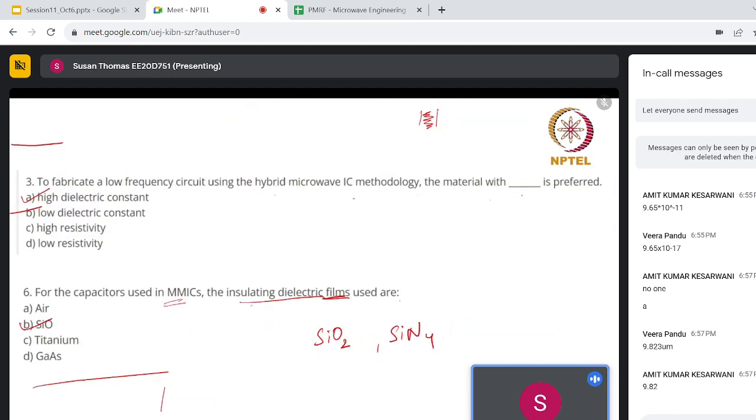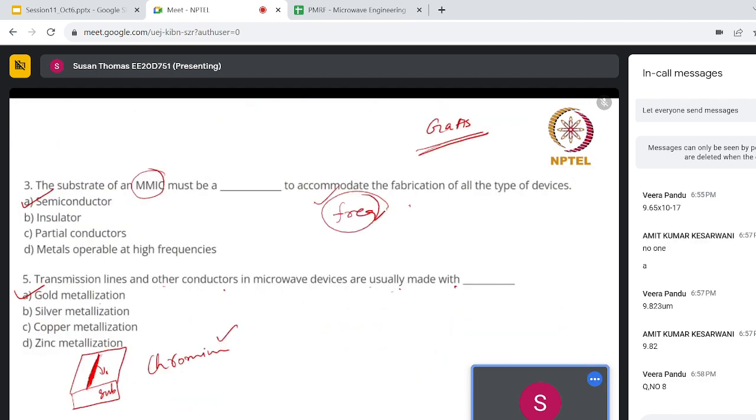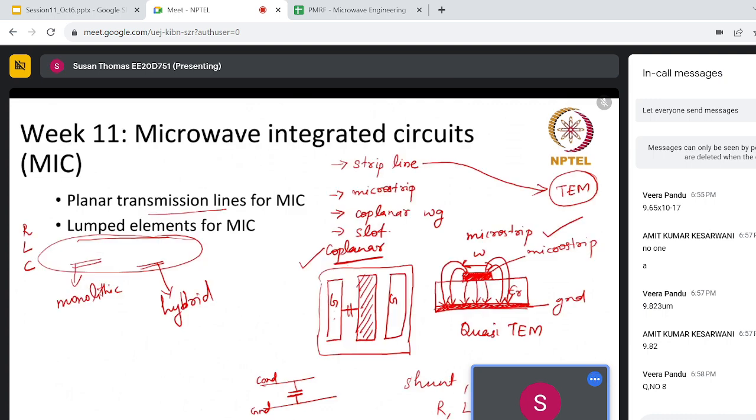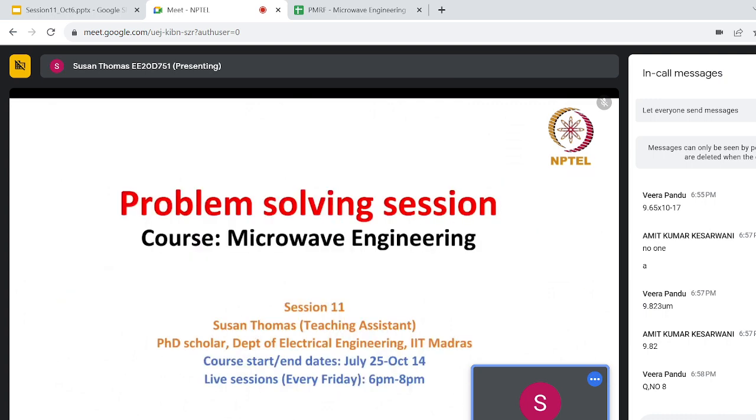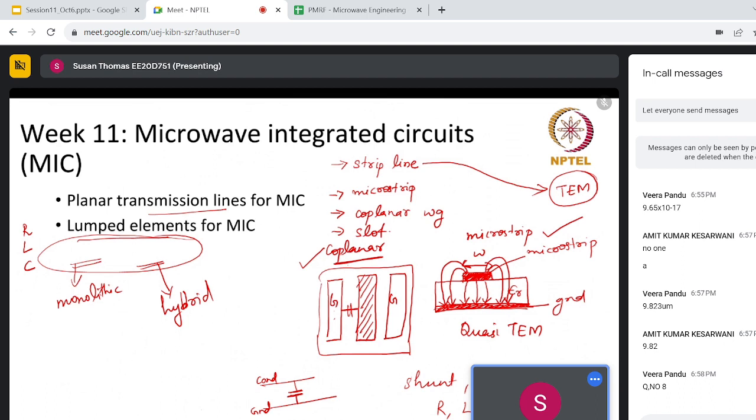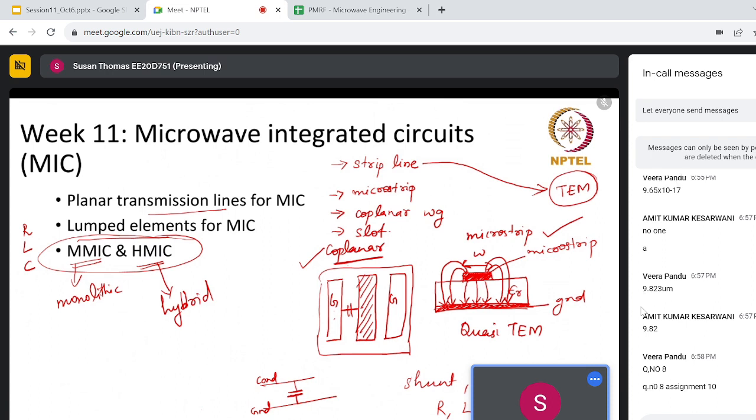The session is open for discussion. If you have any doubts, you can ask them. Or if you want me to repeat any of the questions, can you please let me know which question number of which assignment you are mentioning? Assignment 10. Okay.